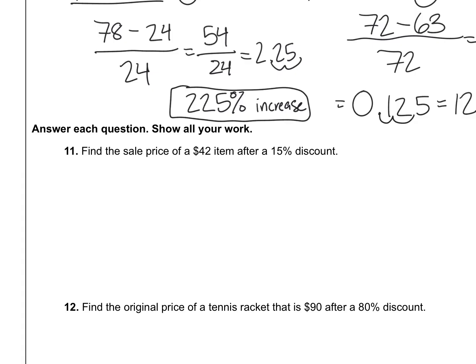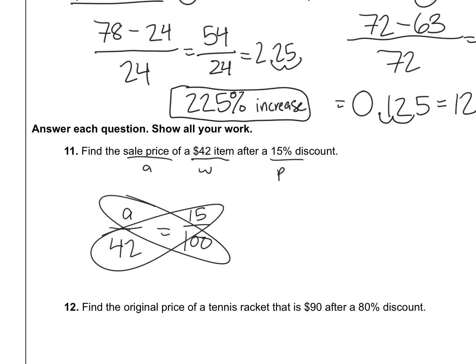All right. Number 11, find the sale price of a $42 item after a 15% discount. Okay, sale price. Typically we say that's A. W is our original price, right? It's telling us that this is $42 originally. 15% discount, that's my P. So I have A over 42 equals 15 over 100.